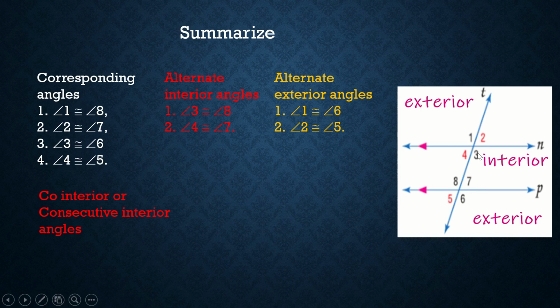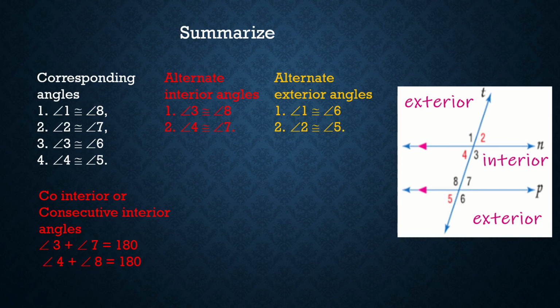Angle 3 plus angle 7 is equal to, that's right, it's supplementary, so 180. Angle 4 plus which angle will be equal to 180? Angle 4 and which angle? Yes, that's right, angle 8.